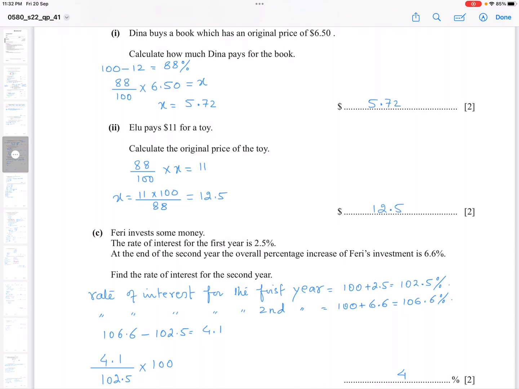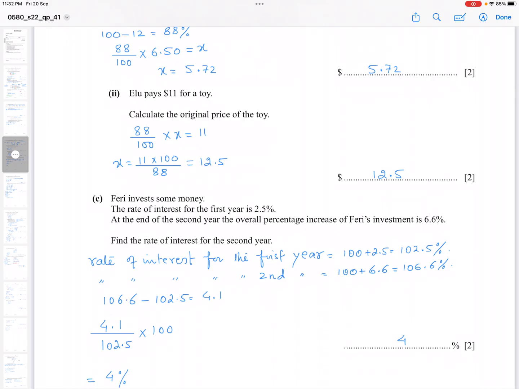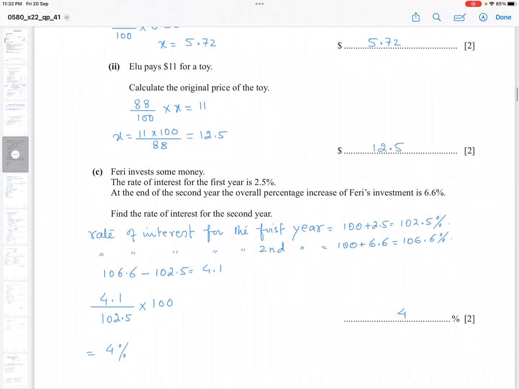And for the second year it is 100 plus 6.6, that is 106.6%. So the difference of these two is 106.6 minus 102.5, 4.1. So 4.1 divided by the first year's value, which was 102.5, times 100. So this is 4%.